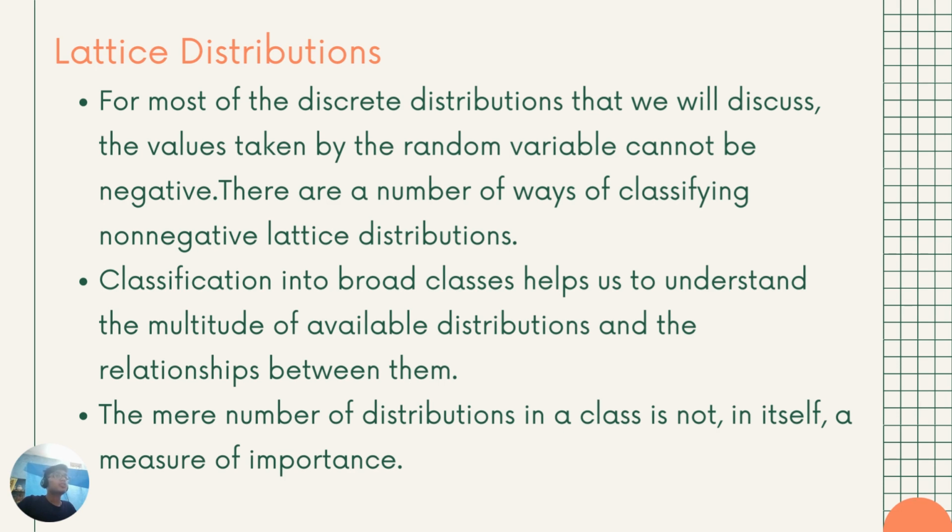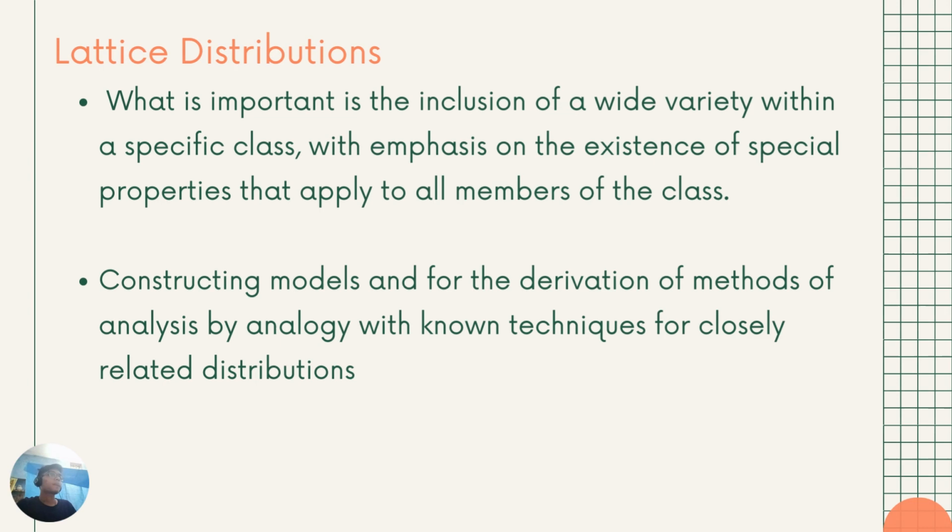For most of the discrete distributions that we will discuss, the values taken by the random variable cannot be negative. There are a number of ways of classifying non-negative lattice distributions. Classification into broad classes helps us to understand the multitude of available distributions and the relationships between them. The mere number of distributions in a class is not in itself a measure of importance.